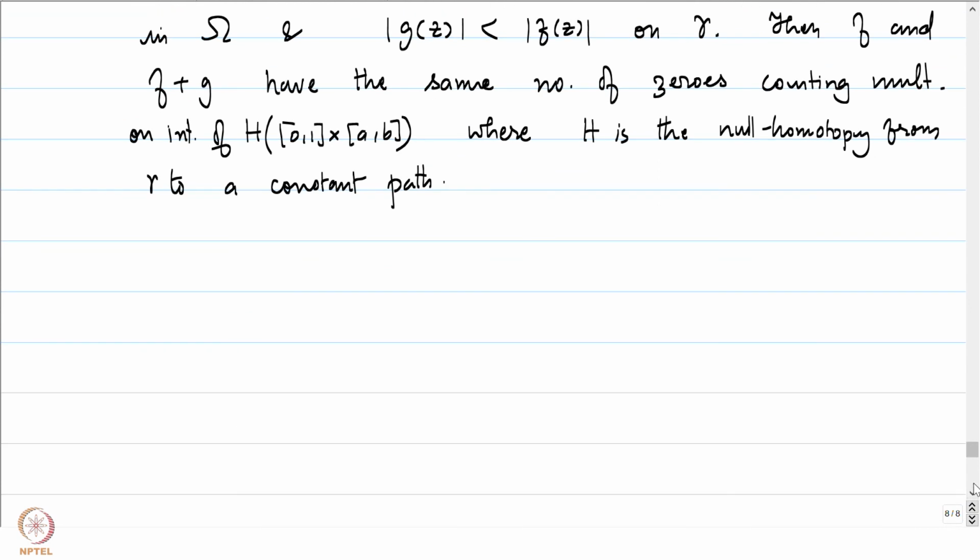Let me give a proof of Rouché's theorem. The proof is quite straightforward now that we know the stability of zeros. We will just define capital F of s comma t to be equal to f of gamma of t plus s times g of gamma of t.